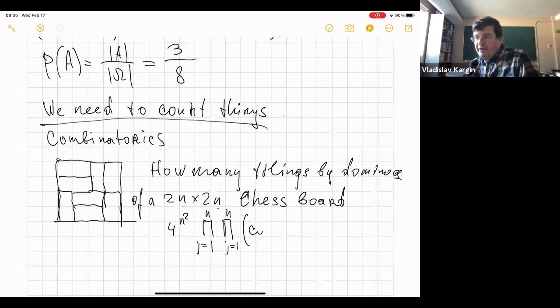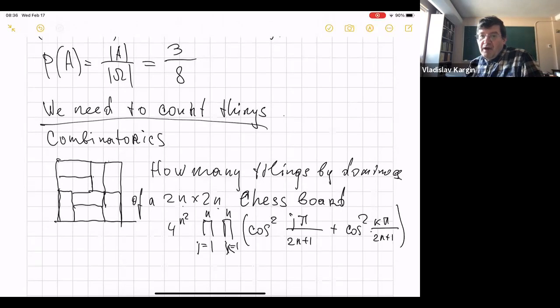And here will be something like cosine squared of j pi divided by 2n plus 1, and cosine squared of k pi divided by 2n plus 1.